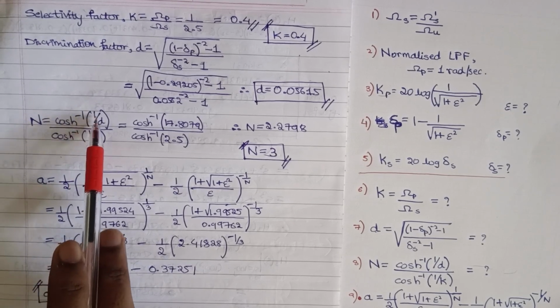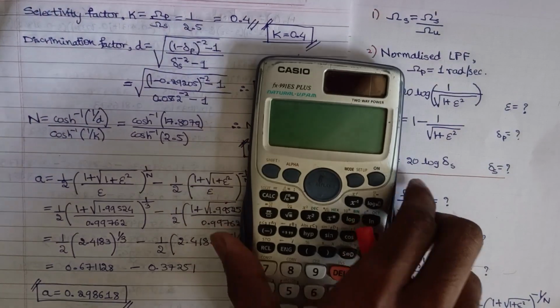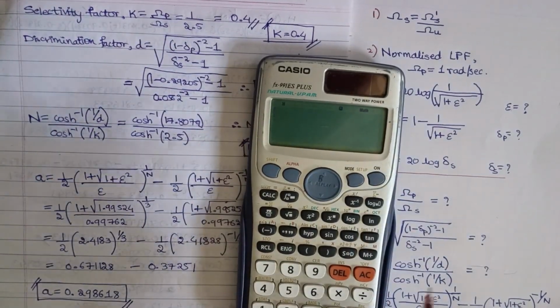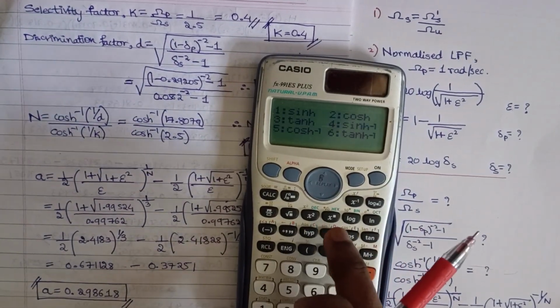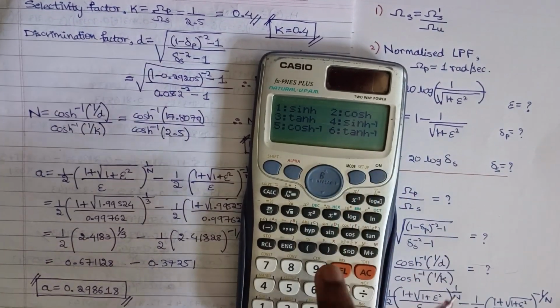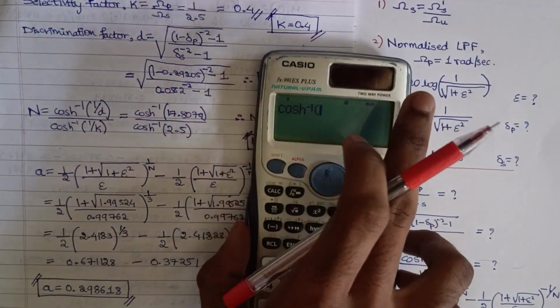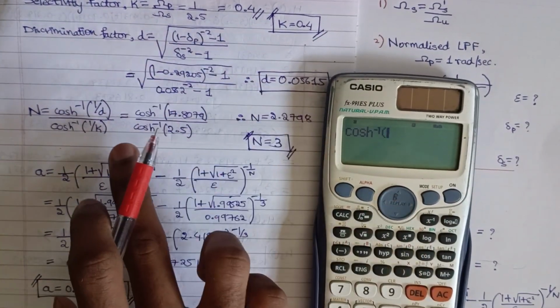After getting the values of K and D, we have to find N. N is cos inverse 1 by D divided by cos inverse 1 by K. The cos used here is hyperbolic. In the calculator, there is a button hyp. After pressing that, we get 5 hyperbolic trigonometric functions. Clicking 5, we get D value as 0.05615.